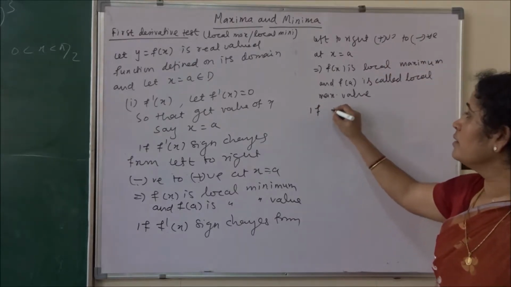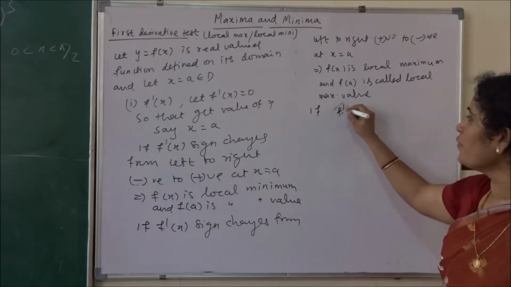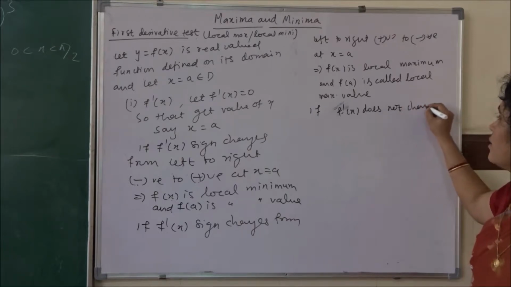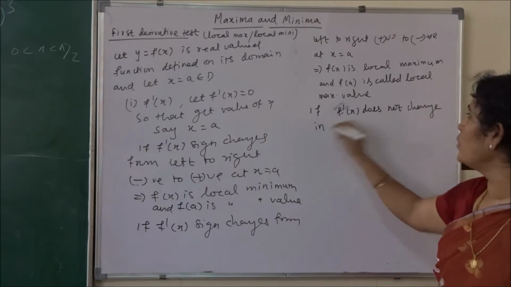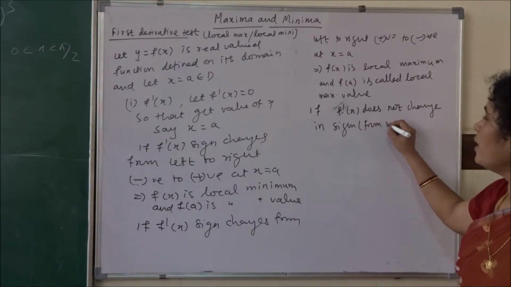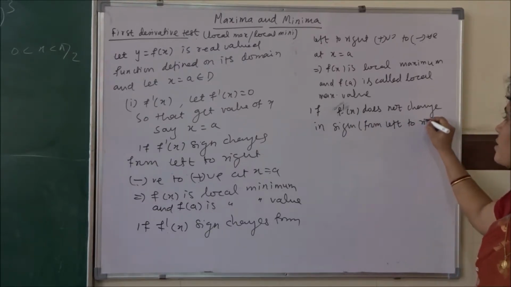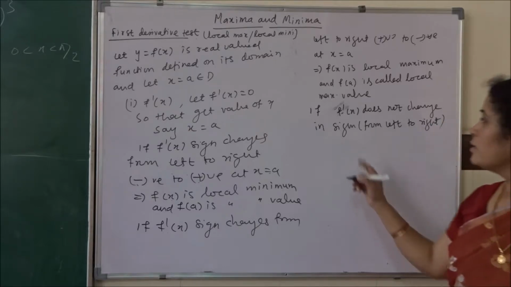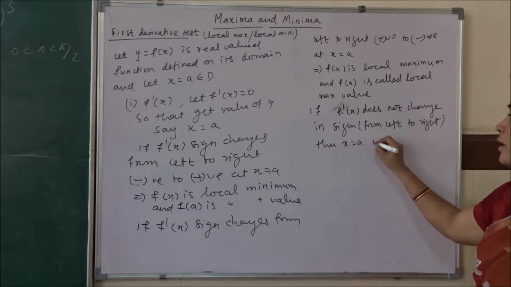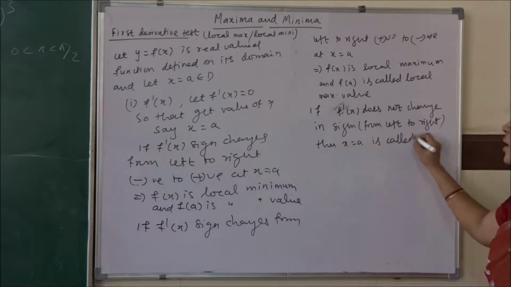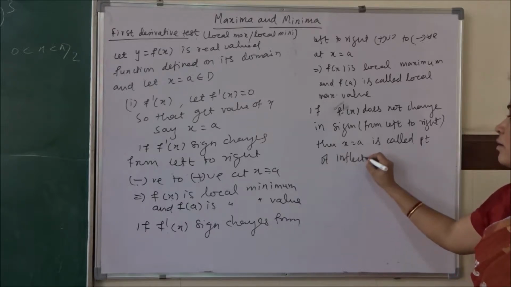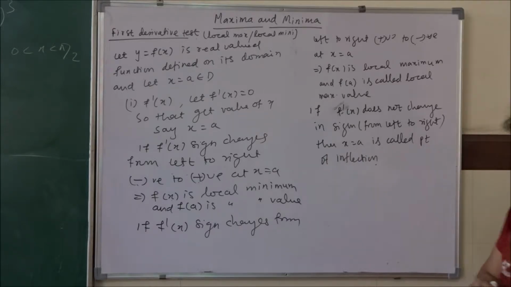Suppose there is no change in sign of f dash of x, then x is equal to a is called a point of inflection. Clear to you? Point of inflection. This is one of the most important definitions.